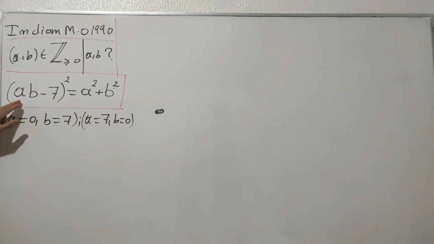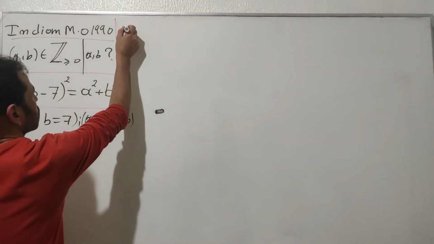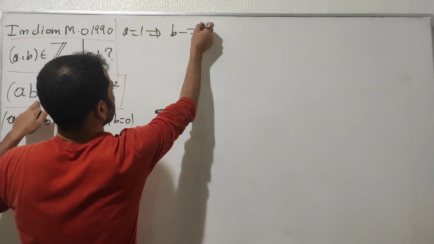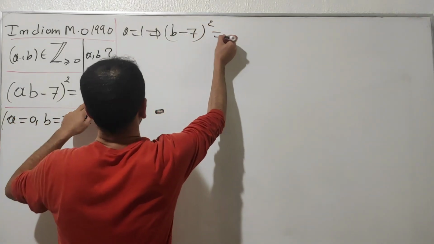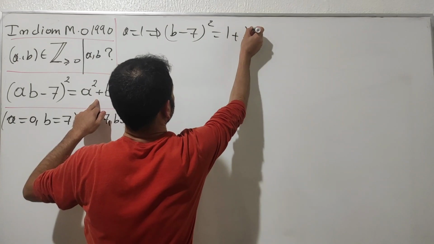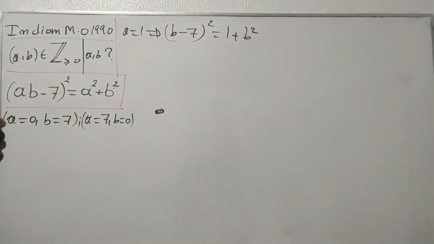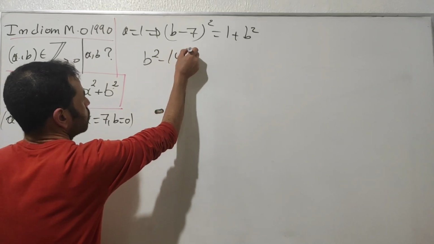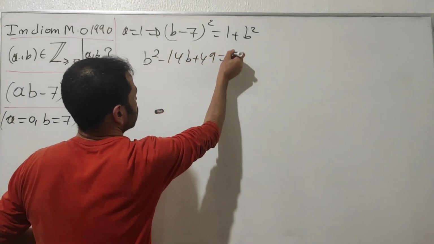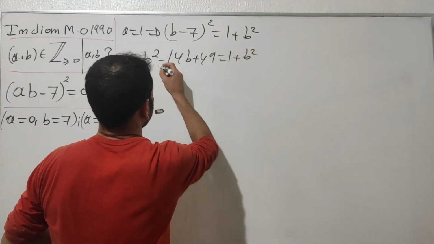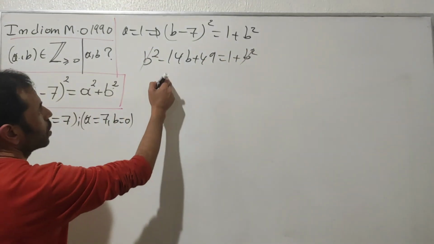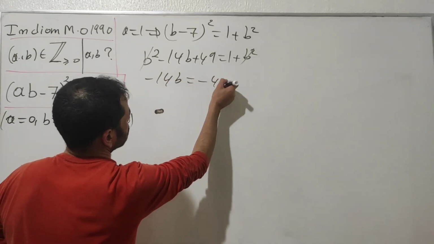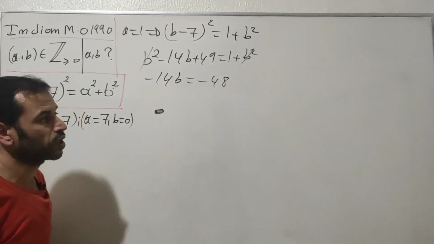Also, let's check a equals 1. I will get (b minus 7) squared, which equals 1 plus b squared. Expanding this out, I get b squared minus 14b plus 49, which equals 1 plus b squared. Cancelling b squared from both sides, I'm left with minus 14b equals minus 48, because I'm taking 49 to the right.